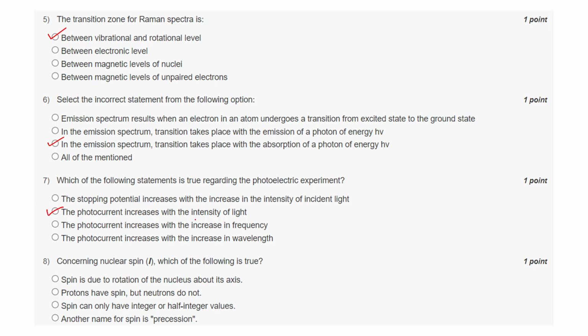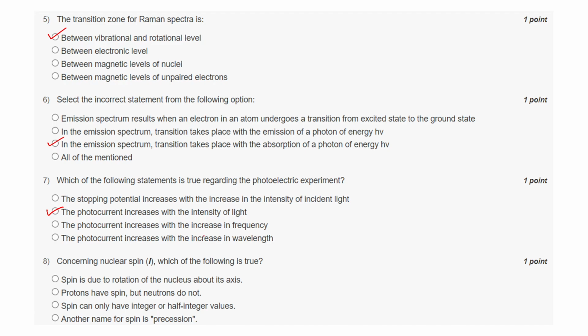What will happen if we increase the frequency? Suppose earlier one electron was being emitted. When we increase the frequency, the energy of that emitted electron is higher. So the work function is constant, and the kinetic energy of this emitted electron will be higher than the previous case.